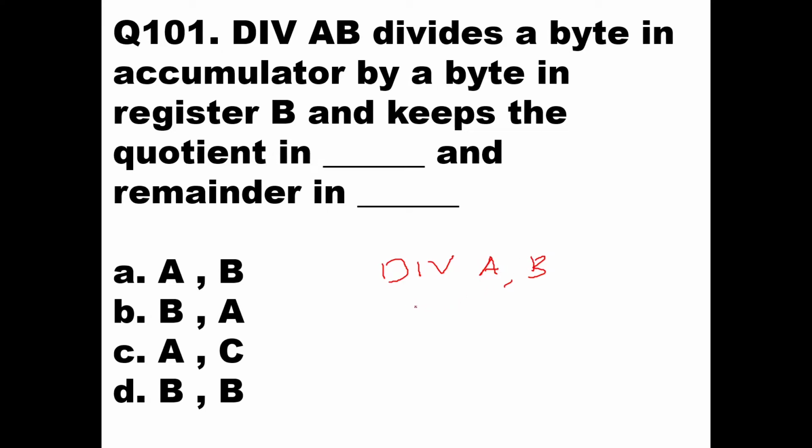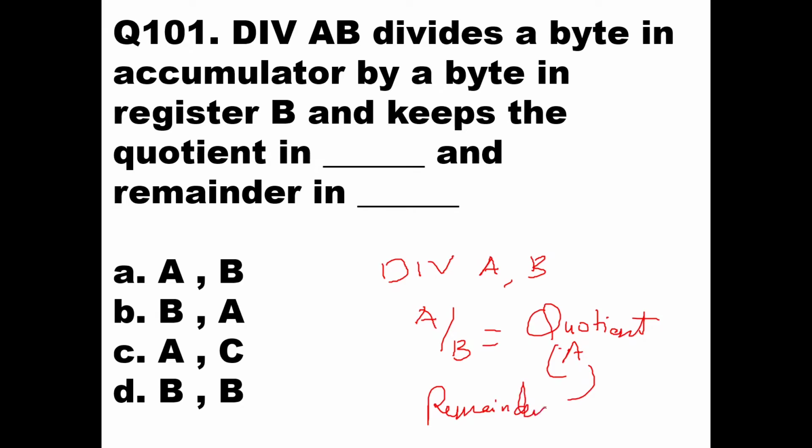Once this division A upon B takes place, the answer, the quotient, will be in A register, and the remainder will be in B register. So quotient should be in A and remainder should be in B, so option A will be the correct answer over here.